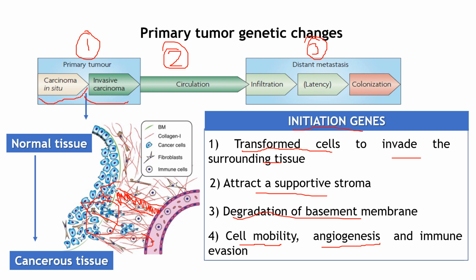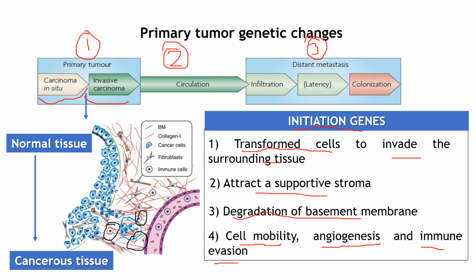And something else that happens is that there should be changes in the immune system. Here you see in blue the cancer cells going, and surrounding the cancer cells, you see all these immune cells. But in this case, the immune cells are not attacking the cancer cells.